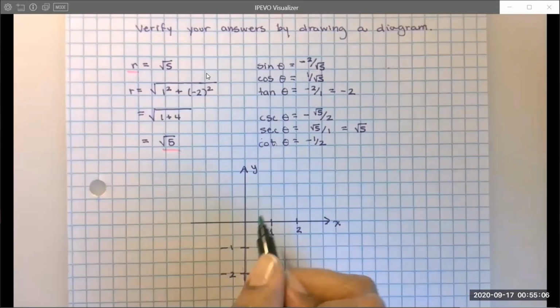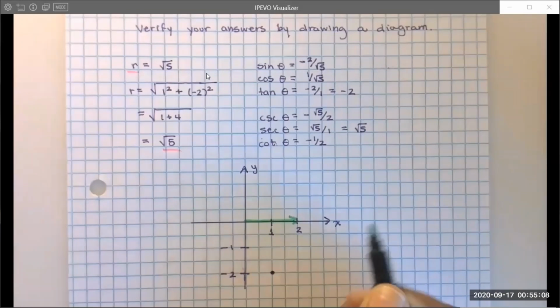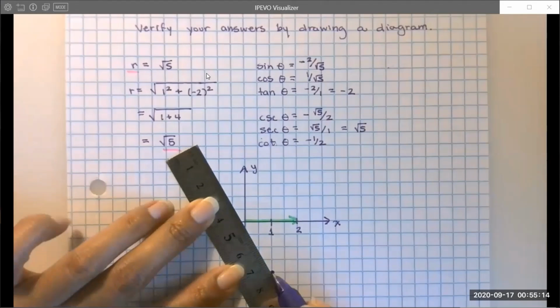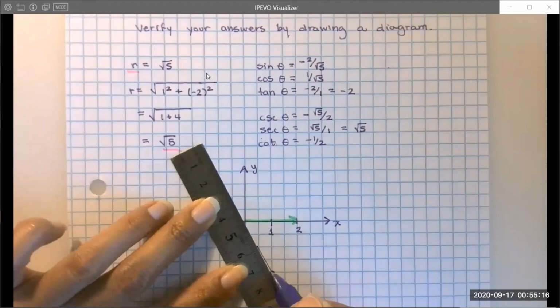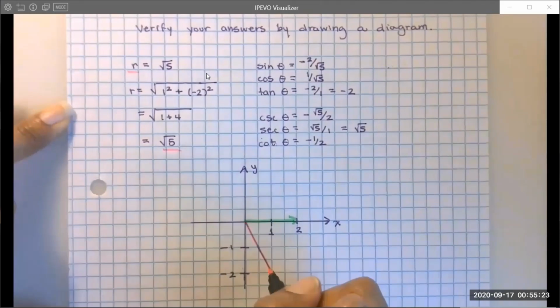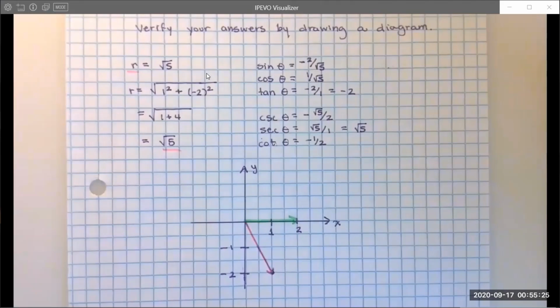And then the terminal side has to pass through that point. So there's our terminal side, and that is 1 comma negative 2.